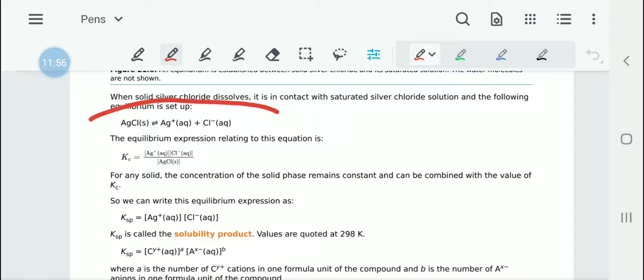Write this equation down. AgCl solid, equilibrium sign, Ag+ aqueous plus Cl- aqueous.